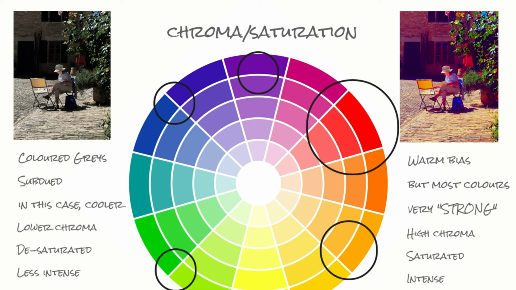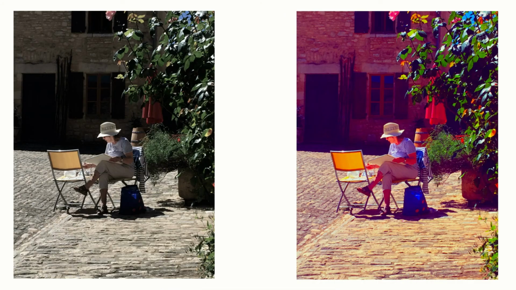So this is a very high chroma piece with a bias towards the magentas, the reds, the warm side of the colour wheel. And again, just look at how different these feel. Desaturated, slightly cooler bias on the left, and heavily high chroma saturated colours with a real bias towards warmth on the right. Exactly the same tone, but a very different feel.